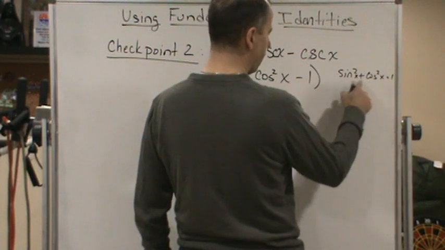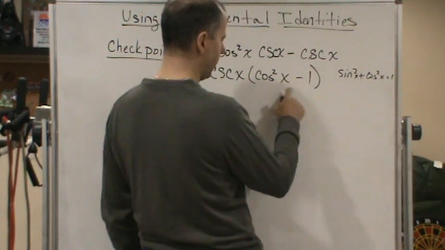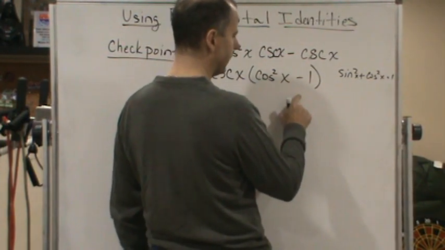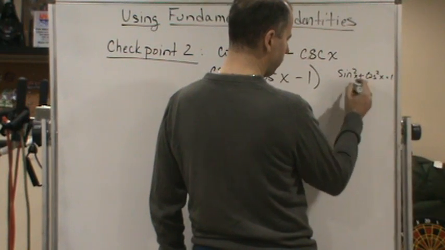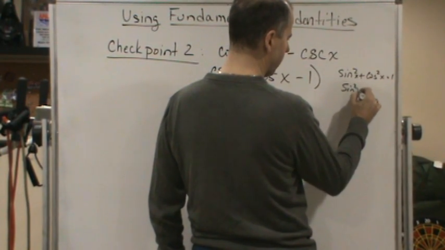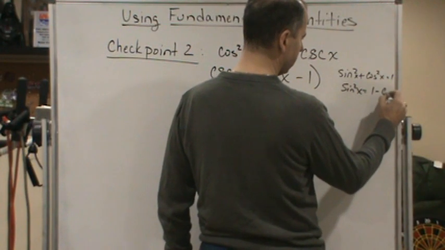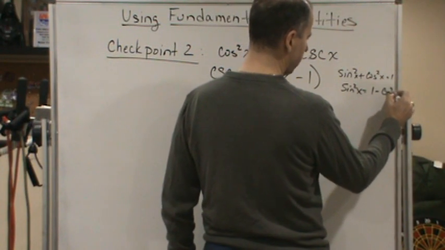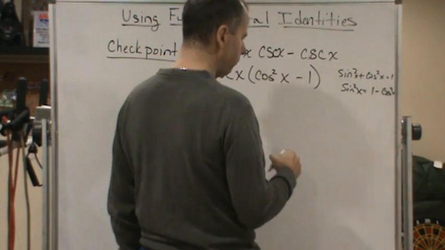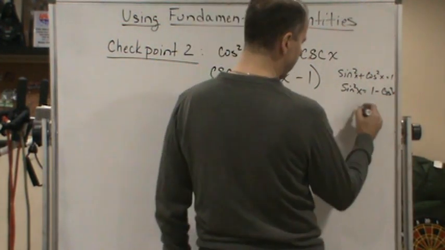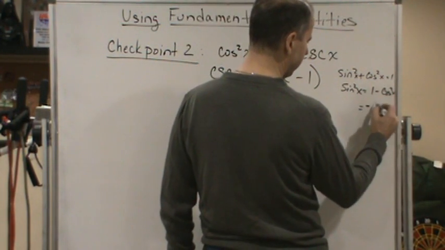If I solve for this one, I want to substitute in sine squared x here. But again, if I solve for sine squared x, I get sine squared x equals 1 minus cosine squared x. Okay, so if I factor out a negative 1, then what do I get?